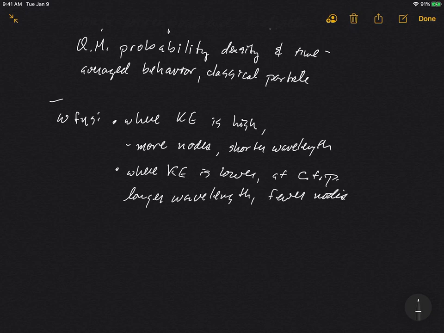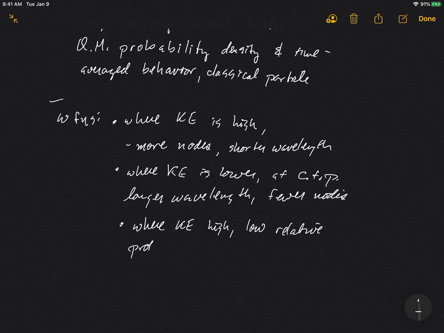And if we couple these two rules, and we add the third, which is related to the first one and the second one, where the kinetic energy is high, we expect low overall or low relative probability density, because that corresponds to the regions where the particle is moving quickly.